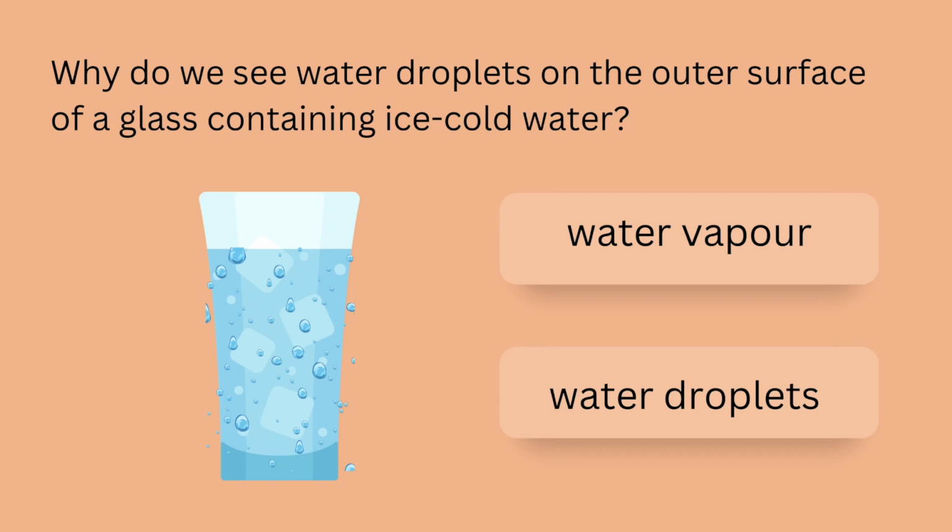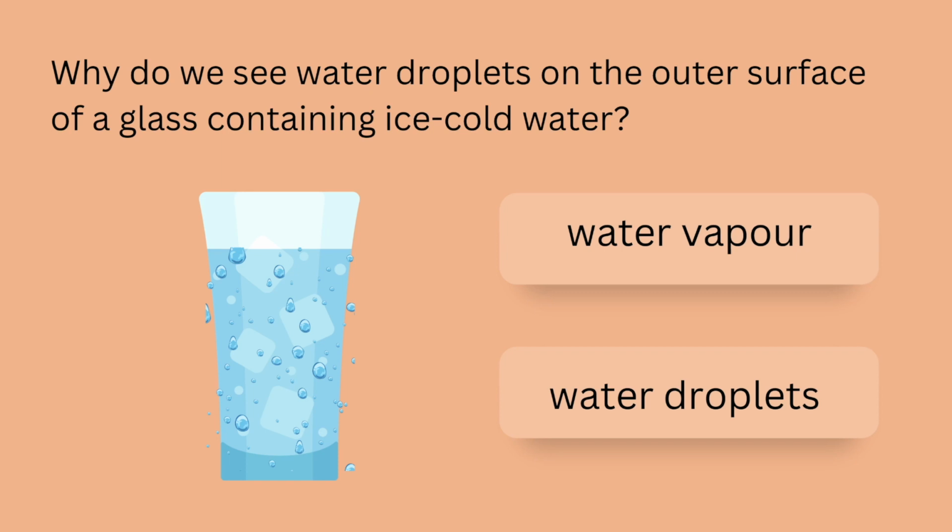The next thing is, why do we see water droplets on the outside surface of a glass containing ice cold water? When you take ice cold water from the refrigerator and keep it outside, you will instantaneously notice that the outside walls have water droplets. Why is that? The outside air has water vapor in it, obviously, and it comes in contact with this cold tumbler.